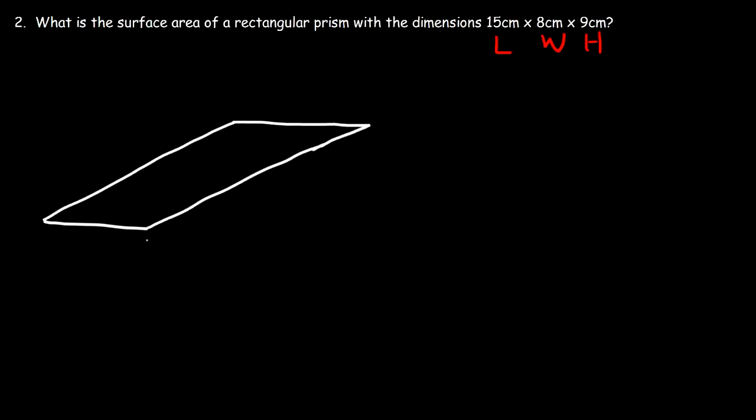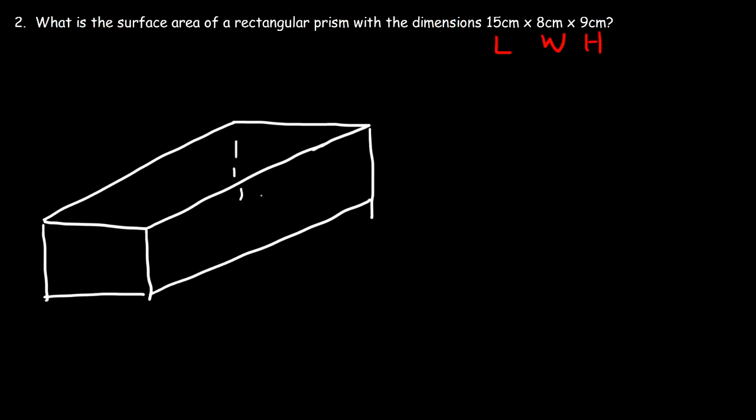Doesn't have to be perfect, just a simple rough sketch. My prism looks bigger in the back, but you can work with it. So let's say this is the length, width, and the height.